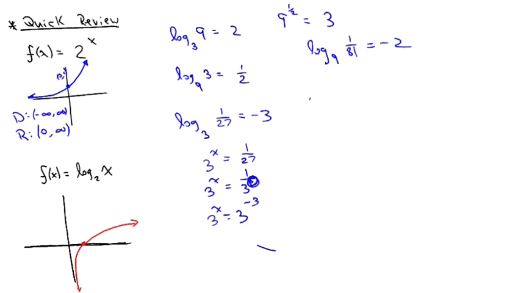Okay, how about this one? Log base 5 of 1. I'm trying to get 1 here. So 5 to the 1/5 power equals 1? Remember, the answer is a power, not a number. 5 to the 1/5 does not equal 1. It's the 5th root of 5, like 1 point something something.